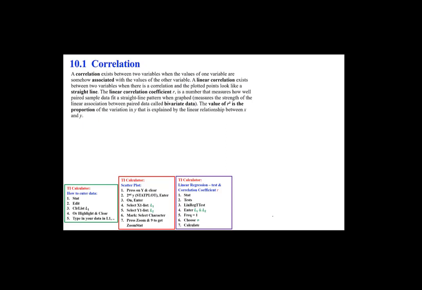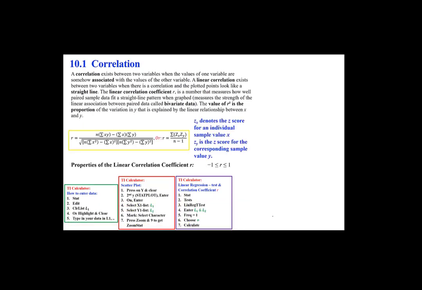In other words, it measures the strength of the linear association between paired data, called bivariate data. The value of R squared is the proportion of the variation in Y that is explained by the linear relationship between the two variables x and y.